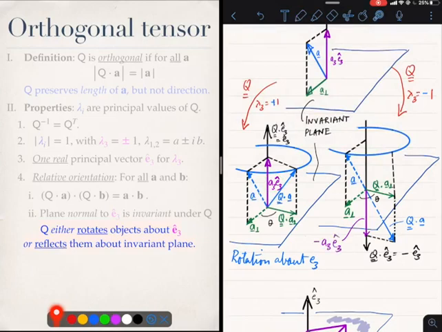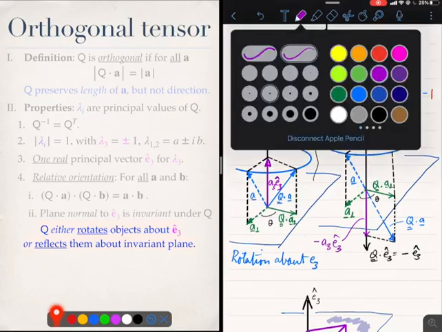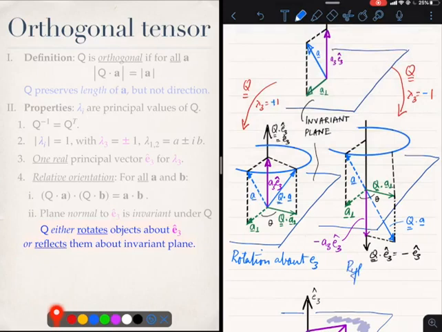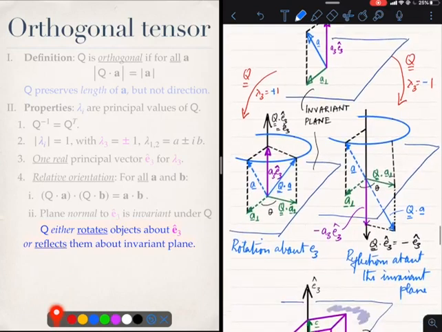So therefore, this vector A is reflected about the invariant plane, is reflected about this plane. Okay, not over like this, but across the origin, across the point at which it emanates from. Okay, so this is what I am calling reflection about the invariant plane.